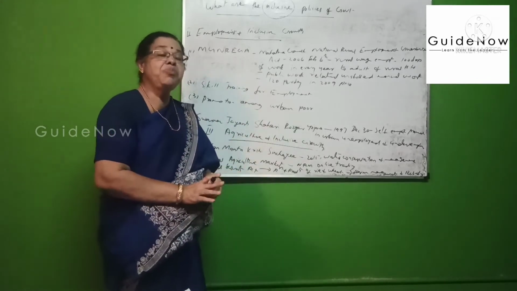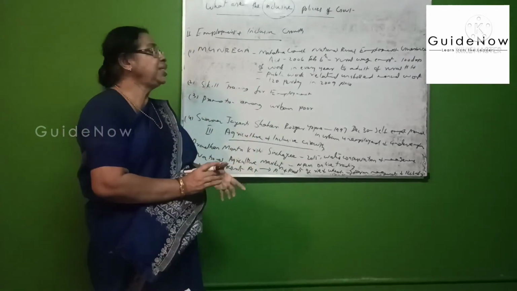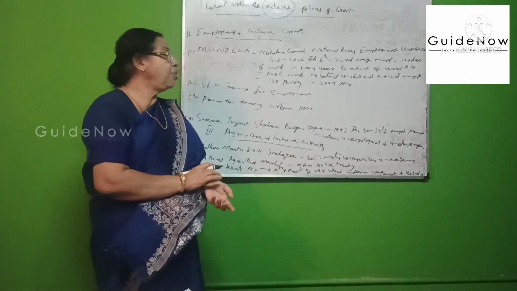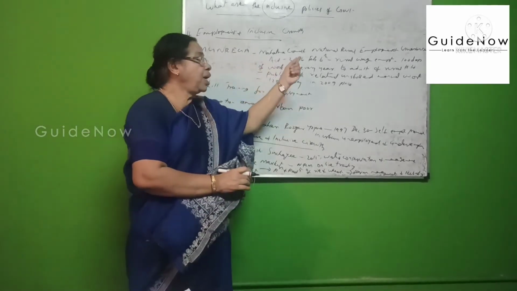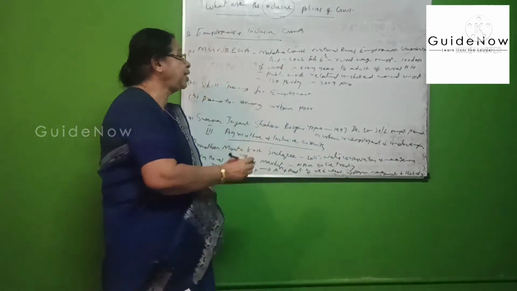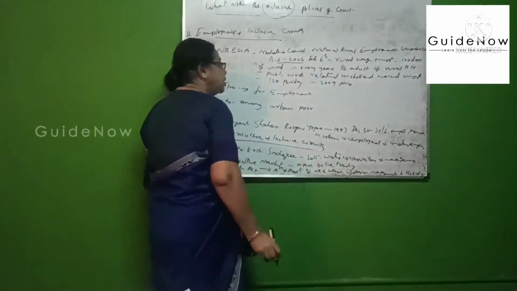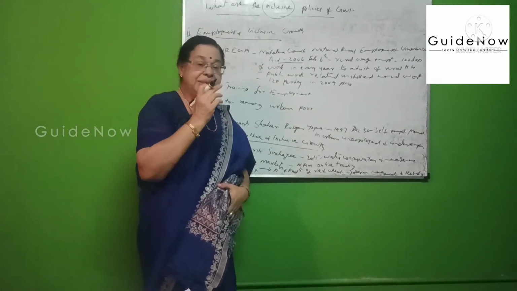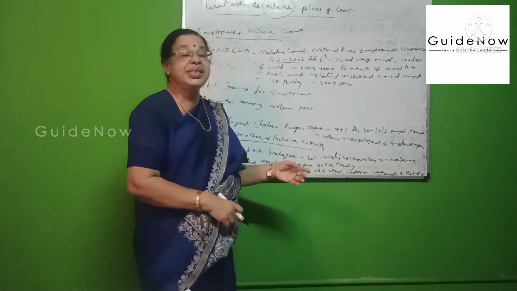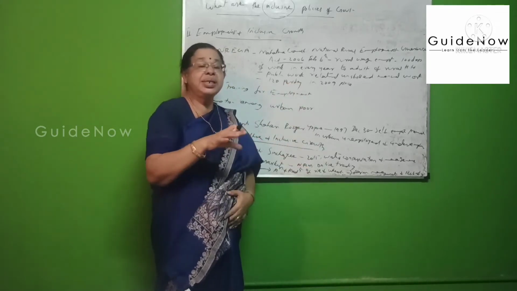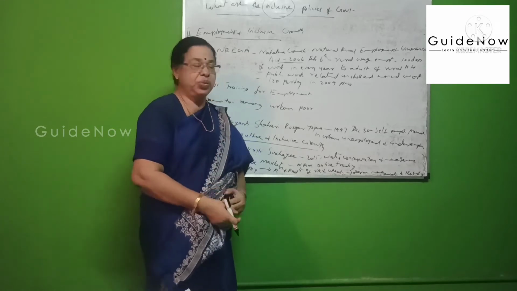important employment policies here. The first is MGNREGA, the Mahatma Gandhi National Rural Employment Guarantee Act. It started on February 6, 2006, by the government in order to provide employment opportunities.